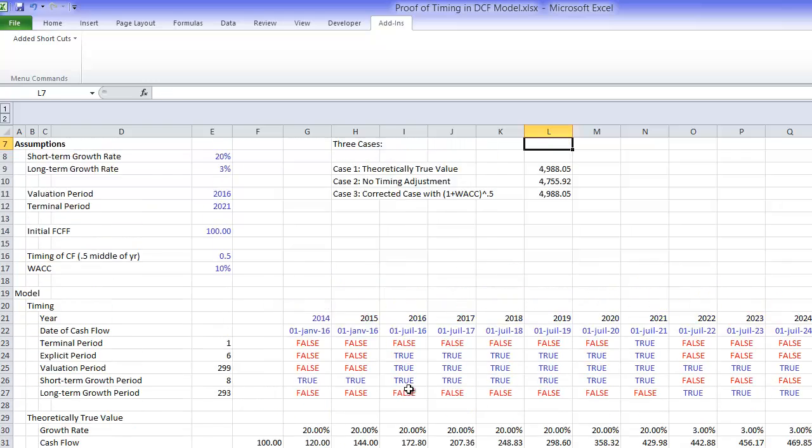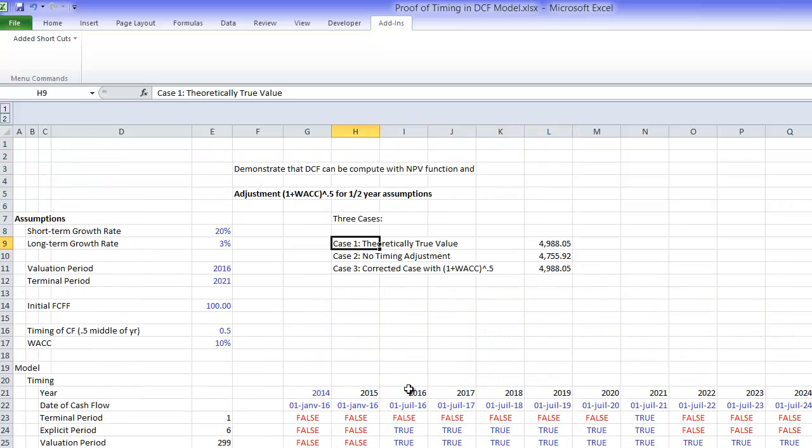Now, let's put the percent difference. Okay, and the percent difference is this with the half year. Let's make this one divided by this one. So we get an extra 5%.